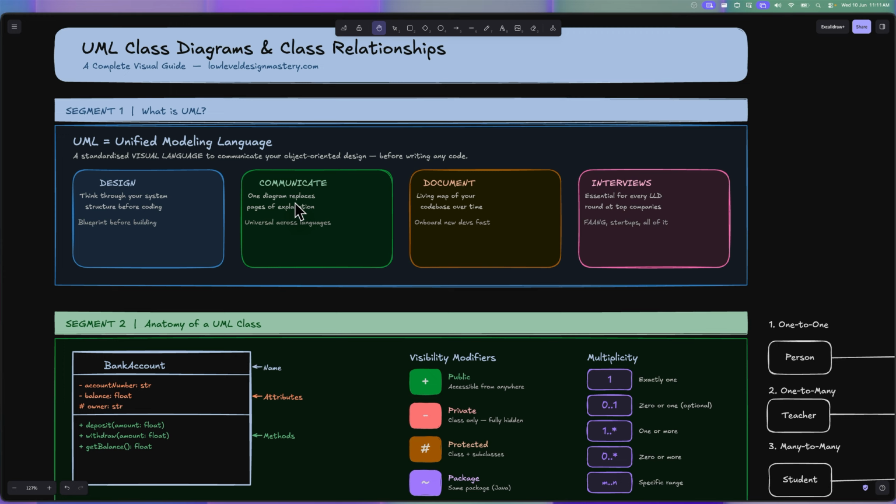Another thing is you have a document of how your code base looks. Finally, this is very important for interviews, right? For all the LLD interviews, you have to draw these UML diagrams. You have to specify the class name, the attributes, the methods, all these things, so that it will be easy for the interviewer to also understand the design that you are doing.